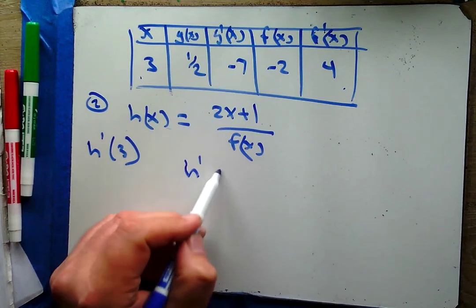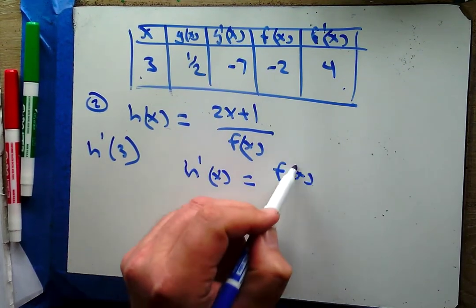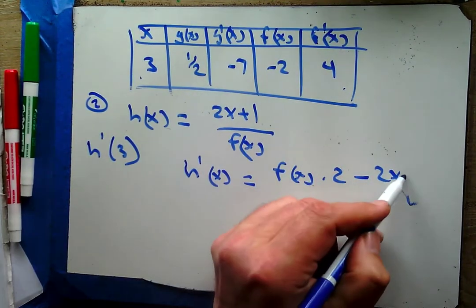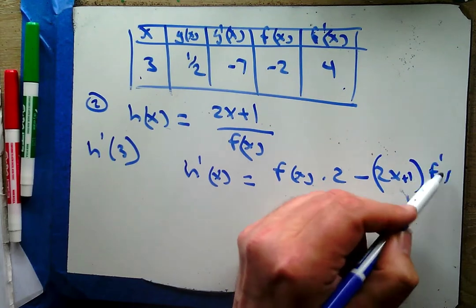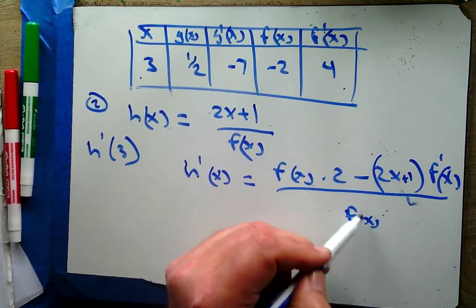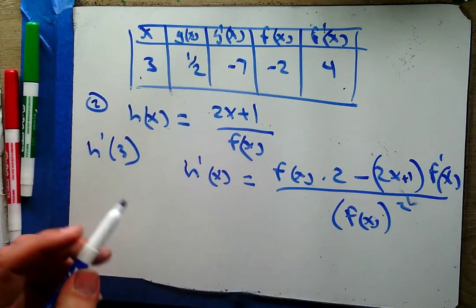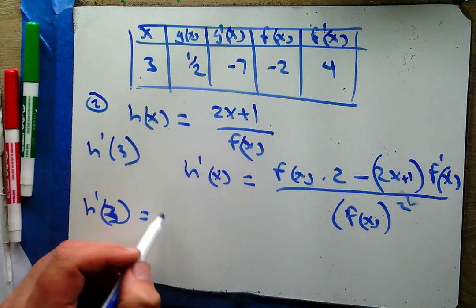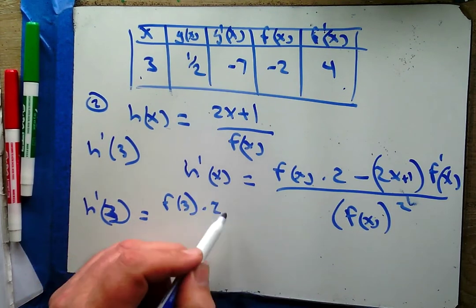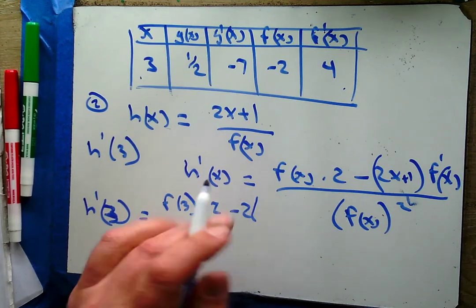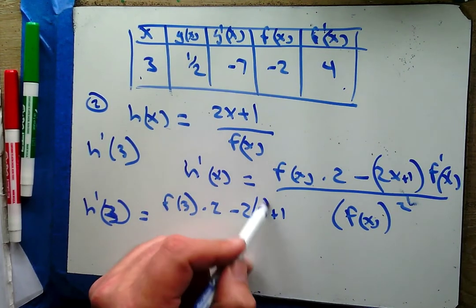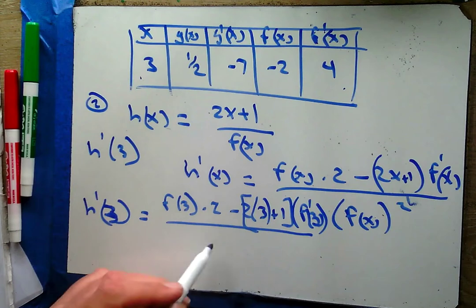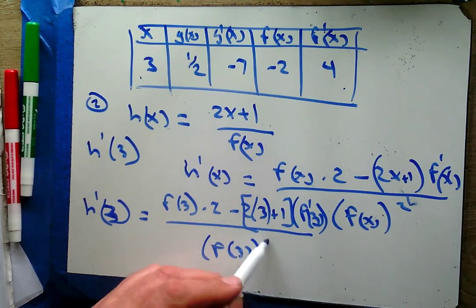Okay, so h prime of x is low d high minus high d low all over low squared. So h prime of 3 then is going to be f of 3 times 2 minus 2 times 3 plus 1 times f prime of 3 all over f of 3 squared.